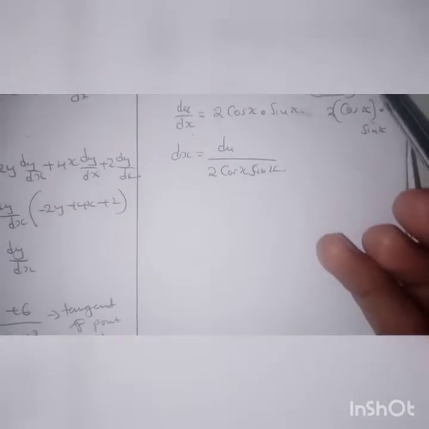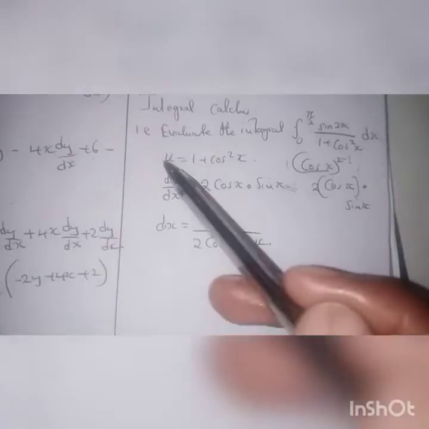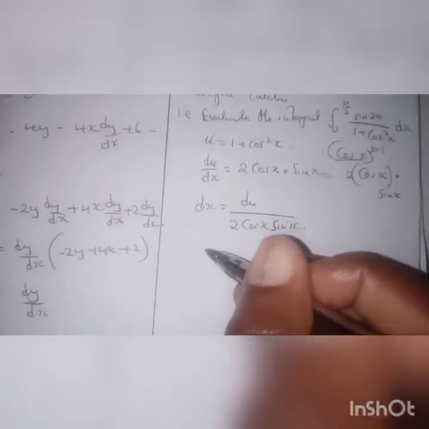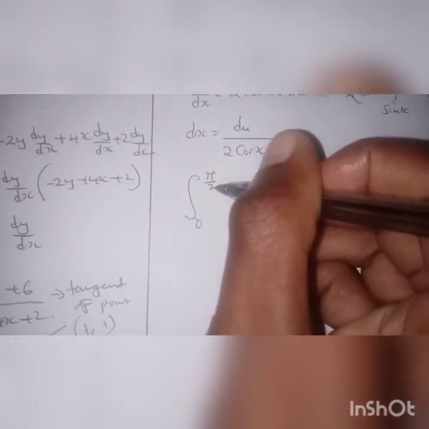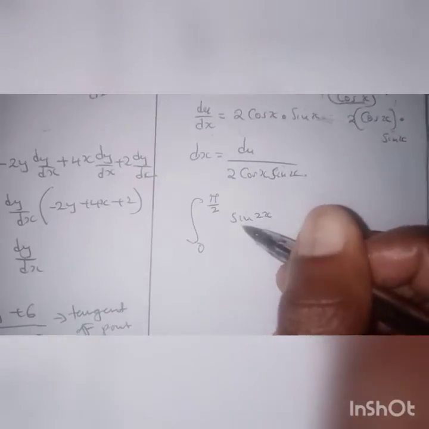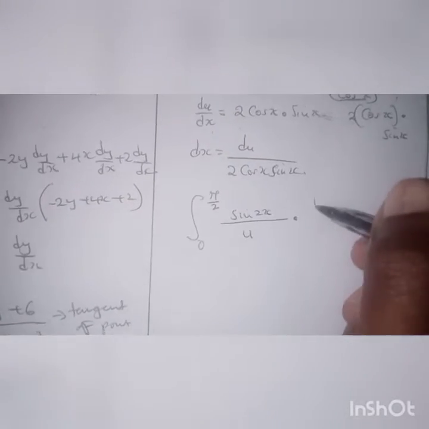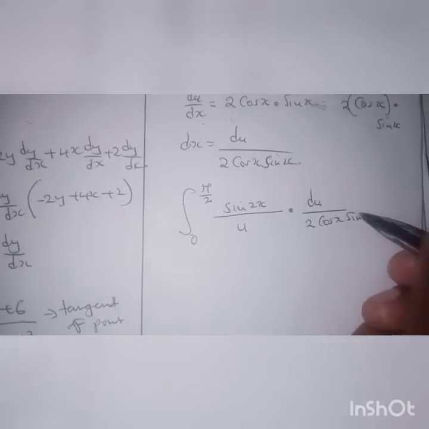Since now we have said that this is u, we have substituted 1 plus cos squared of x with u. We can come and substitute now to our function. So we have to integrate from 0 to pi over 2, sin 2x all over u, then we multiply this by du all over 2 cos x sin x.